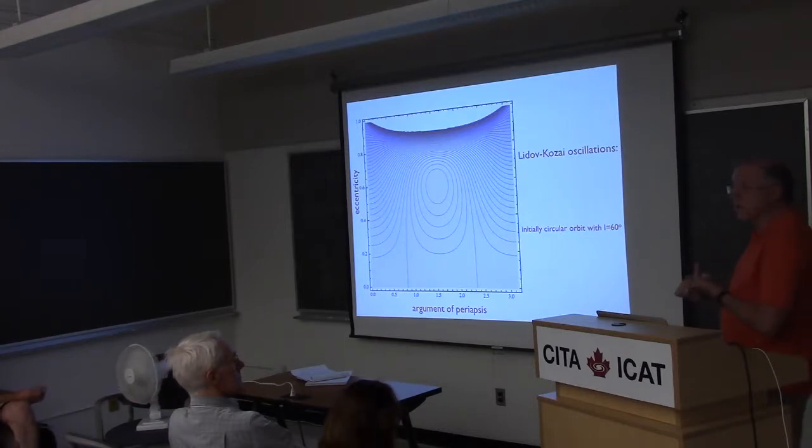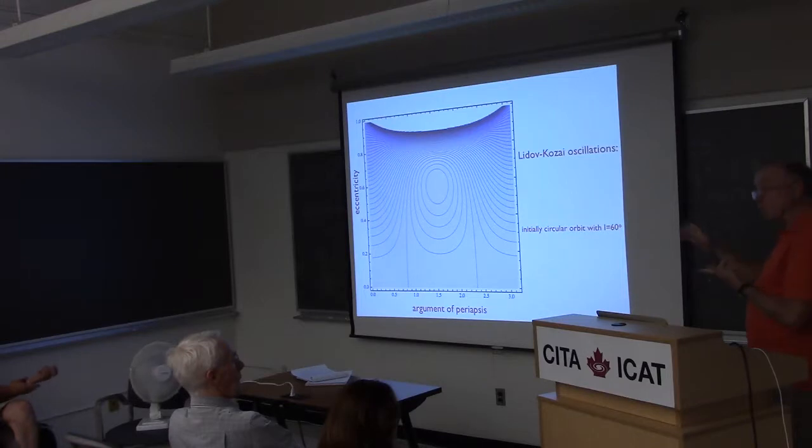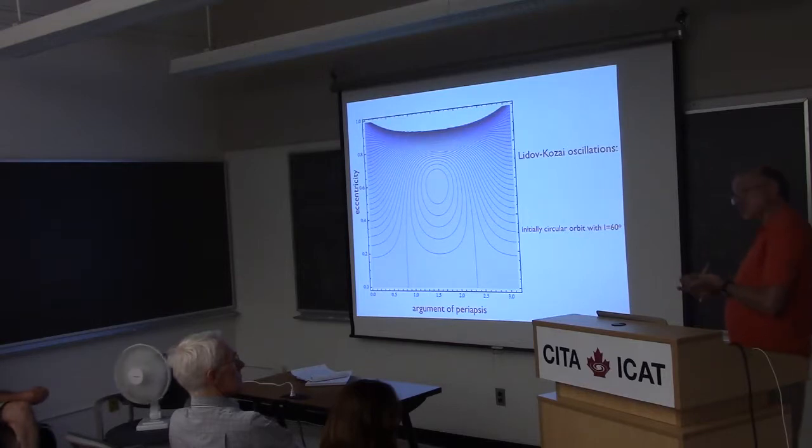It was first discovered by Lidov in 1961. He was interested in the effects of the moon on satellite orbits. At the conference where he presented the results, which was in the Soviet Union, I think Kozai was there, and Kozai later, within a year or so, started applying it to asteroid orbits.